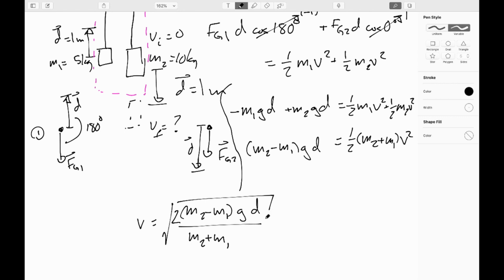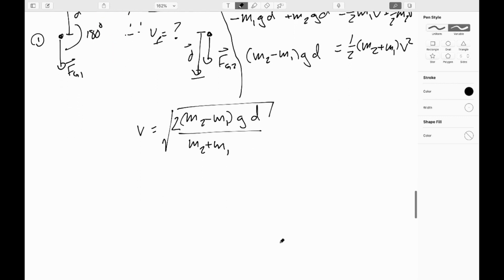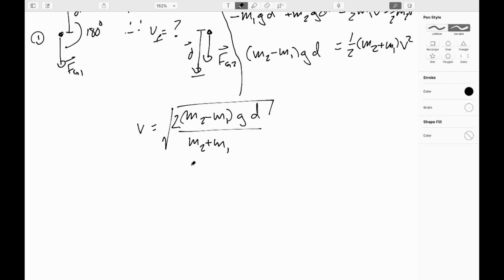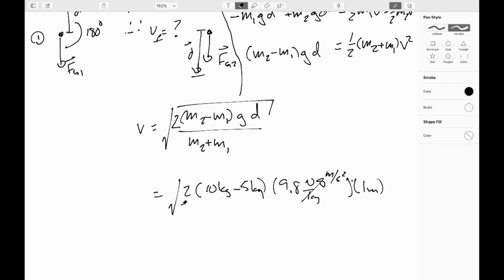Okay, so then it just remains to put in the values and away we go. So this will be square root of 2 times 10 kilograms minus 5 kilograms times 9.8 newtons per kilogram, which again we can recast as meters per second squared, 1 meter for our displacements, over 10 kilograms plus 5 kilograms.